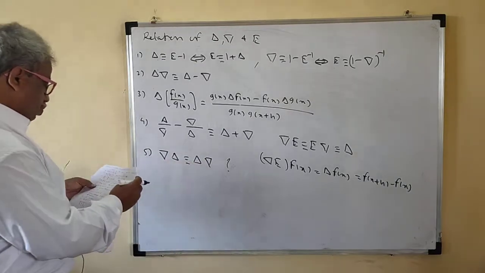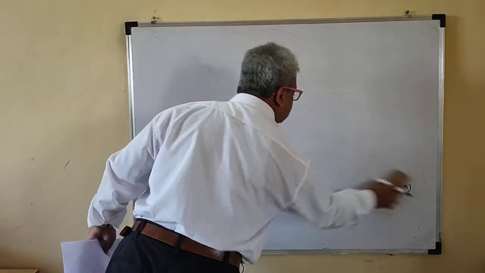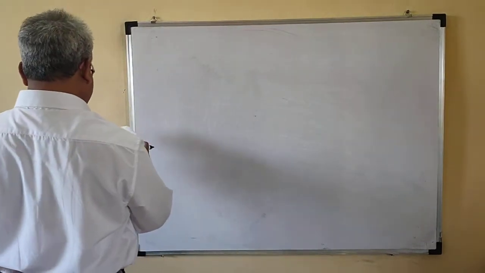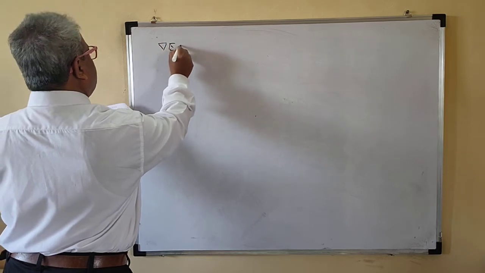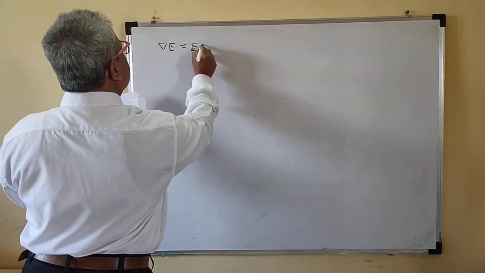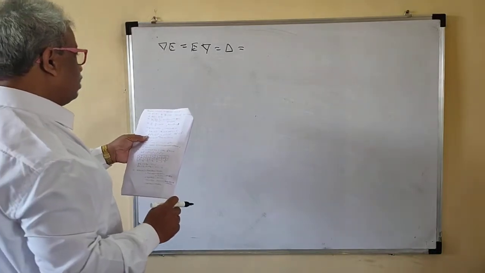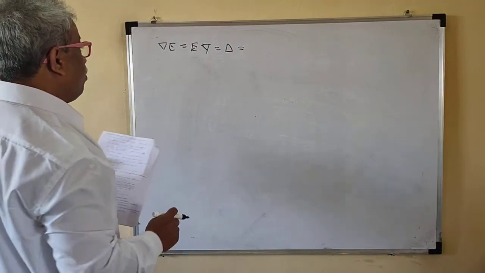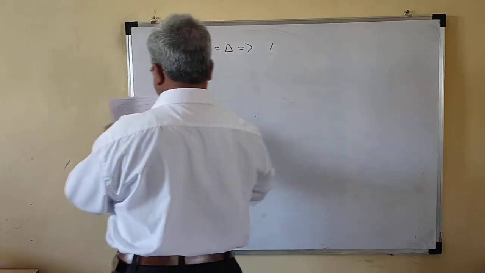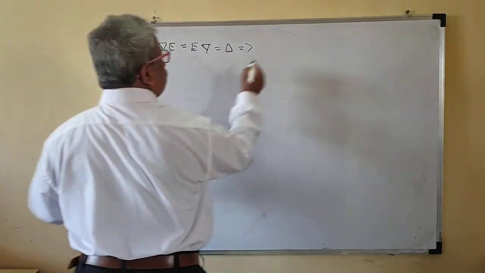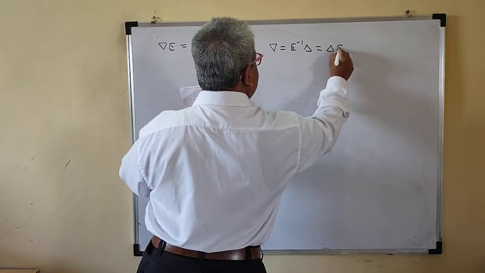Next, one more important thing. We have already written that this is the same as this, and this implies that nabla is equal to E inverse delta, which is equal to delta E inverse.